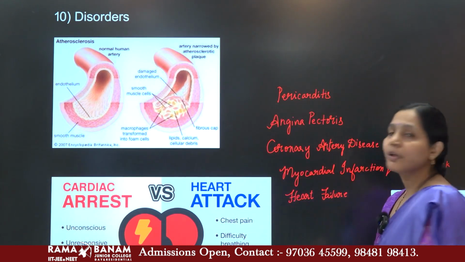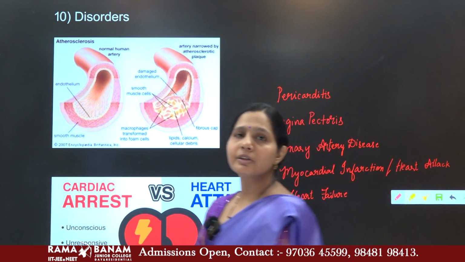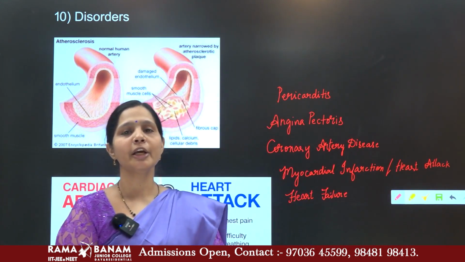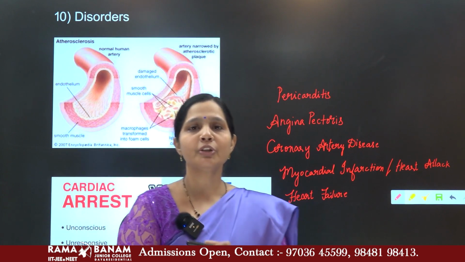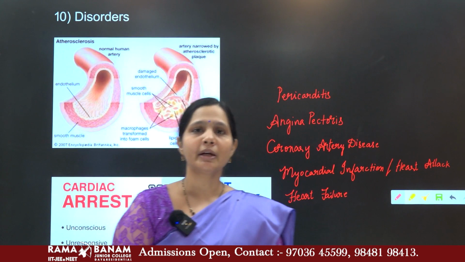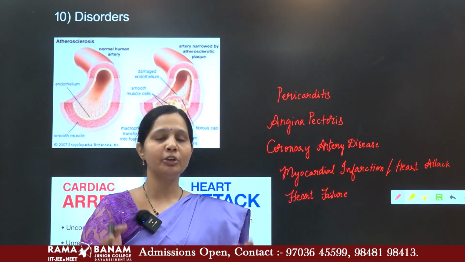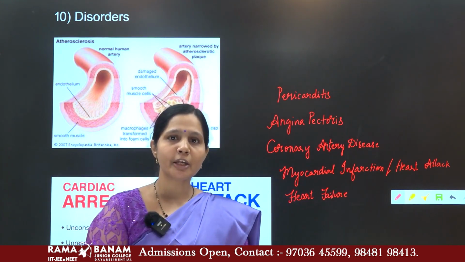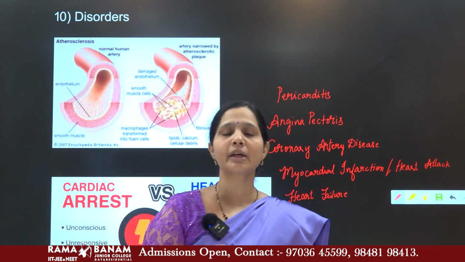So first in pericarditis, the pericardium is the outer layer covering that of the heart, which can be differentiated into a visceral layer and a parietal layer. Between these two layers there is a space which is known as pericardial cavity.